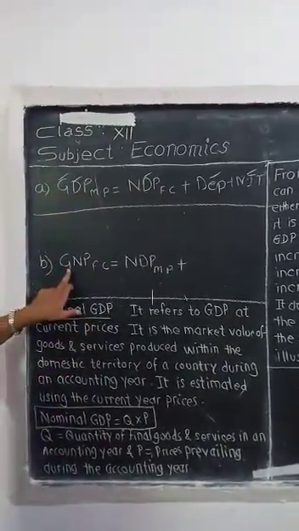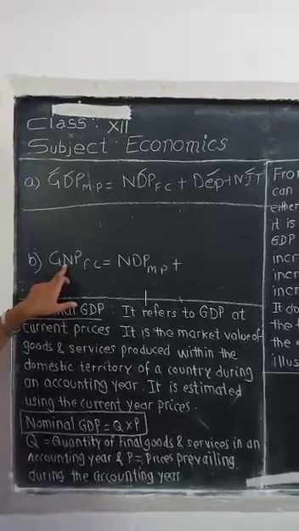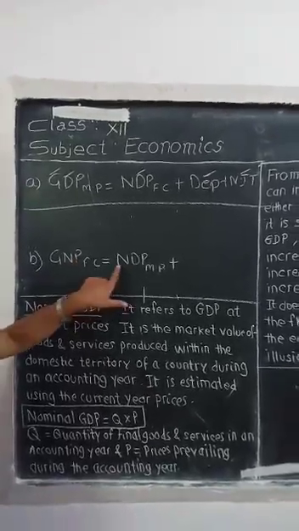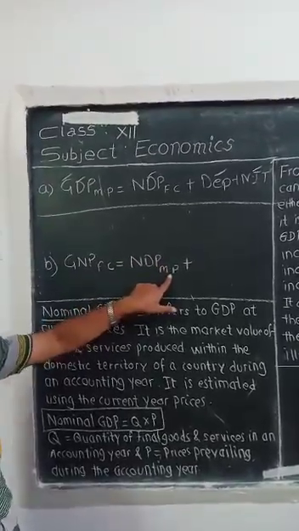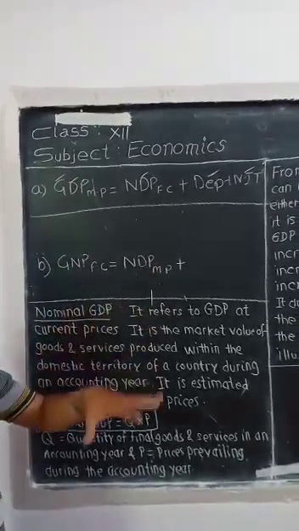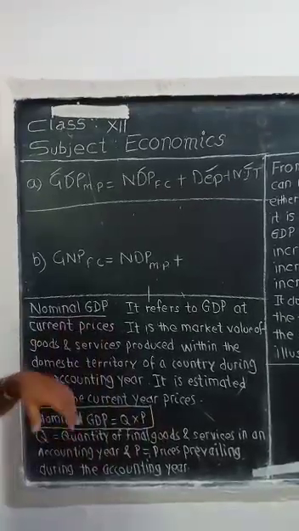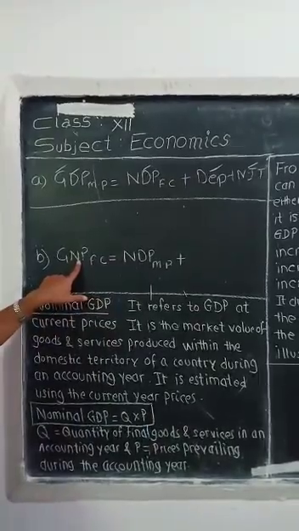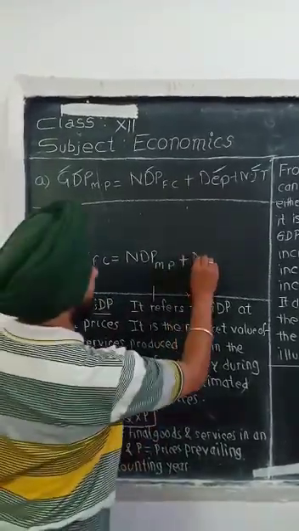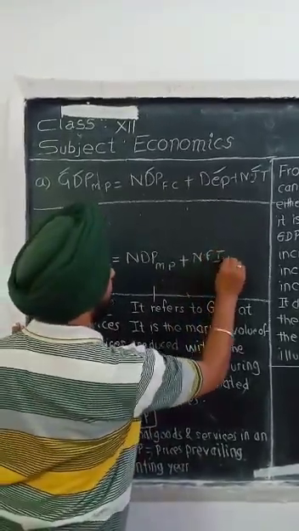Here you are at GNP, gross national product at factor cost, and you are given net domestic product at market price. What should be added and what should be subtracted? We are at domestic and have to reach national, so add net factor income from abroad.